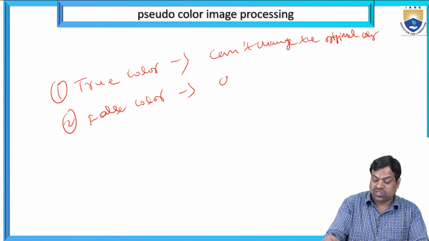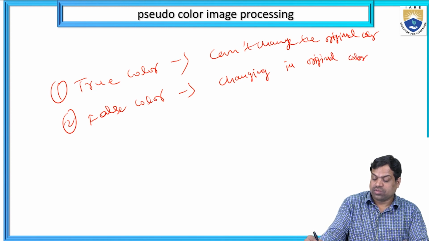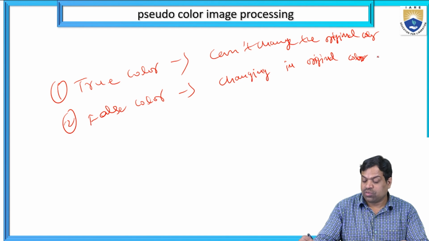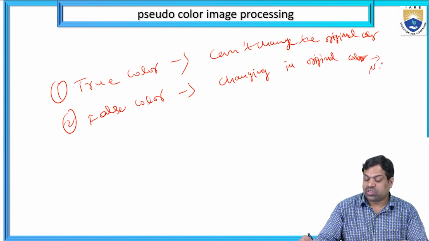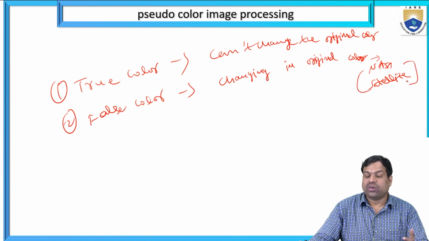False color means changing the original color. Suppose NASA pictures, satellite pictures: what happens is that the original colors of the pictures are missing.